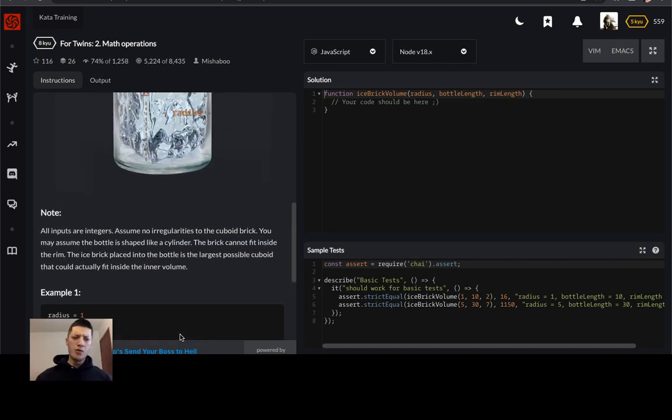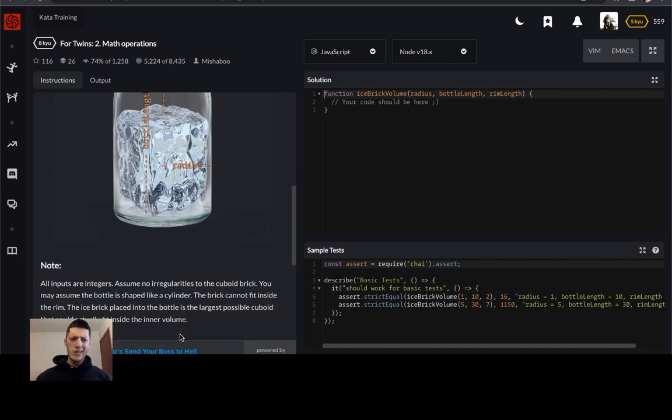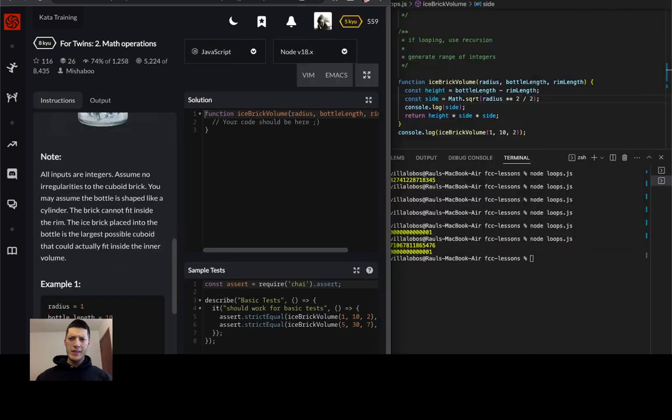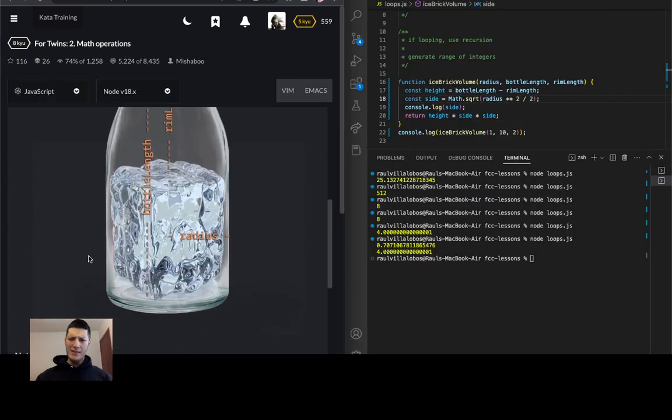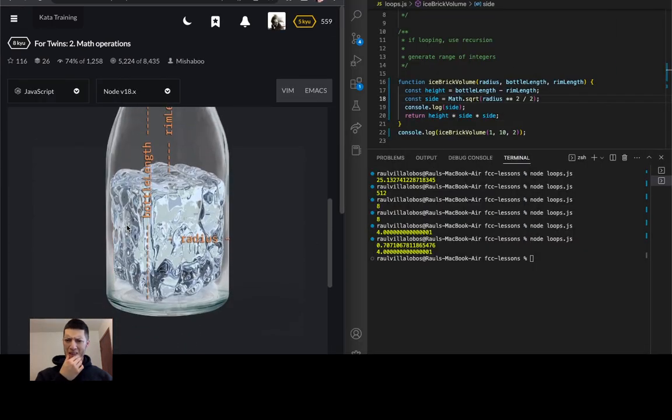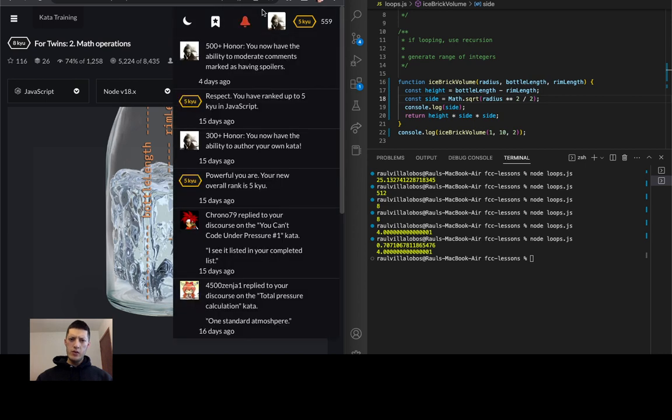The radius is 1. That's insane, bro. I already tried it the other way around. The radius is 1.